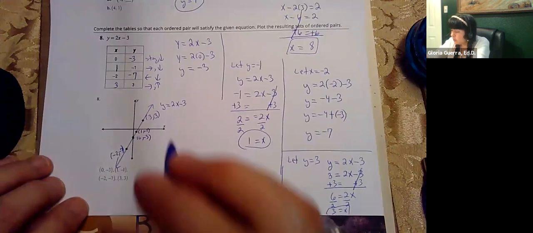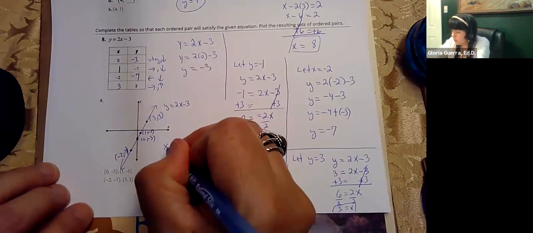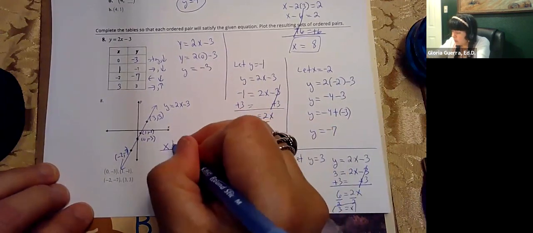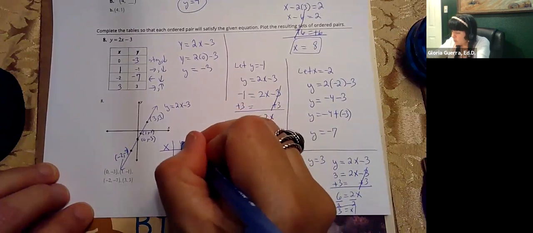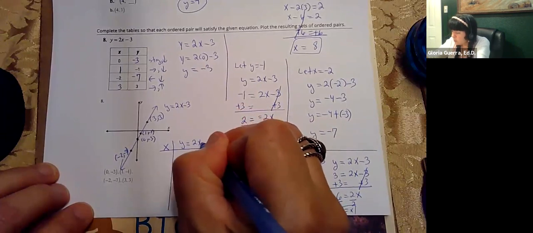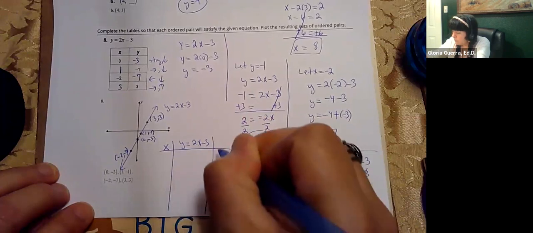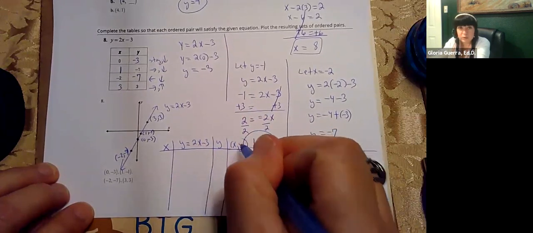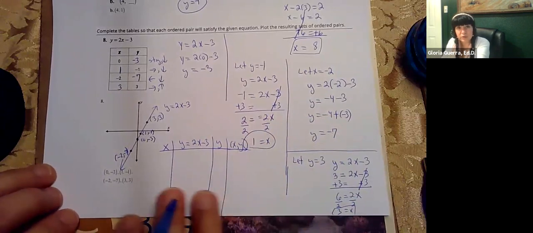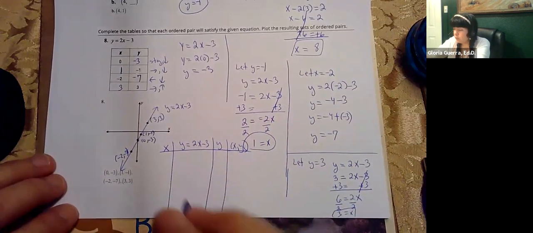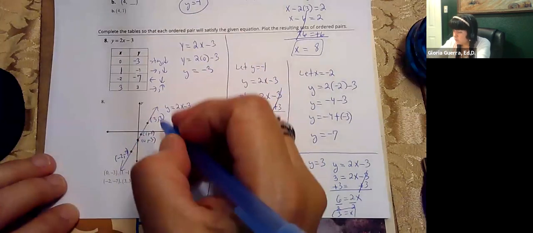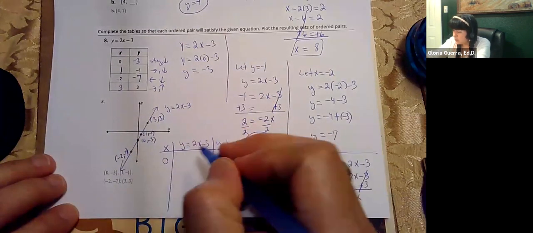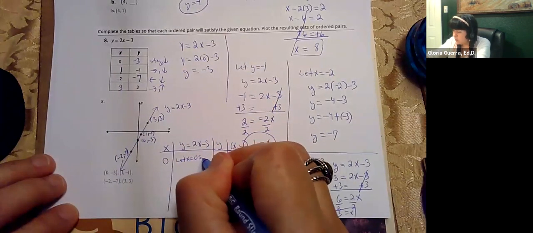Sometimes when I do my tables, like when we do the next section, I usually do my tables like this: y equals 2x minus 3, x, y. So you'd see on my practice, if you look at your practice test templates, I usually have it like that. So we let x be 0 and you sub.